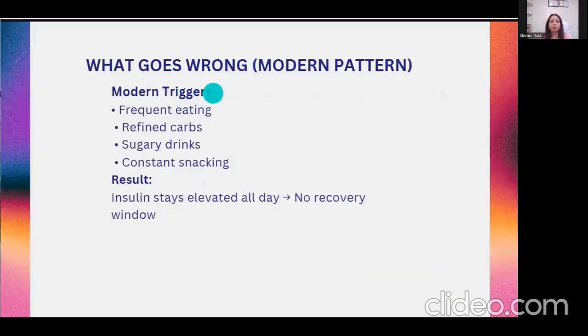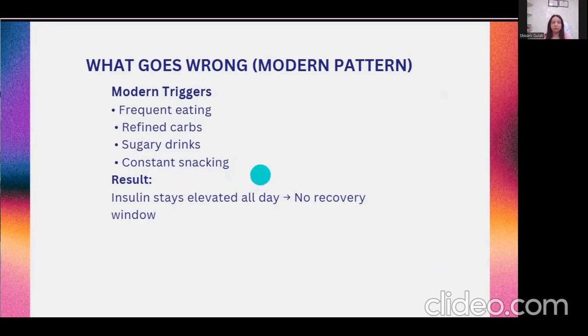Okay, so what goes wrong with the modern pattern? Because of the modern lifestyle, the problem usually is not one big meal, it is constant stimulation throughout the day. Which is frequent eating without gaps, eating too many refined carbohydrates like bakery products and processed snacks, having sugary drinks and liquid calories, constant snacking even when you are not truly hungry.